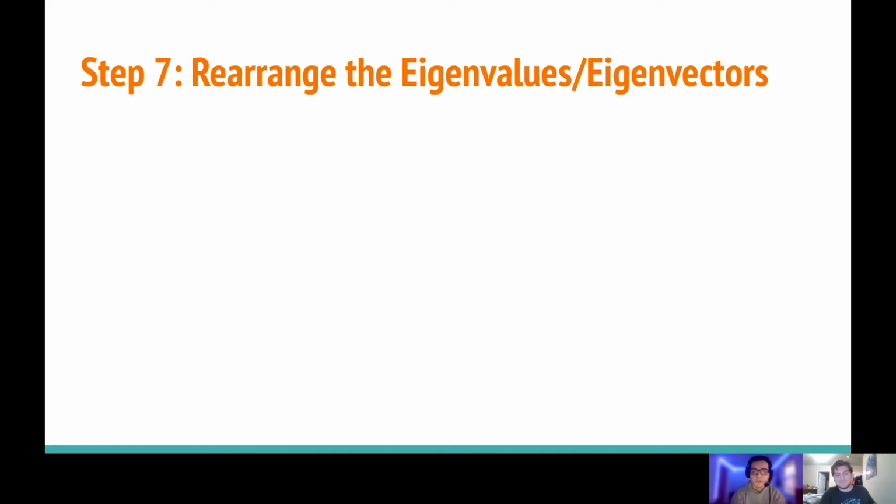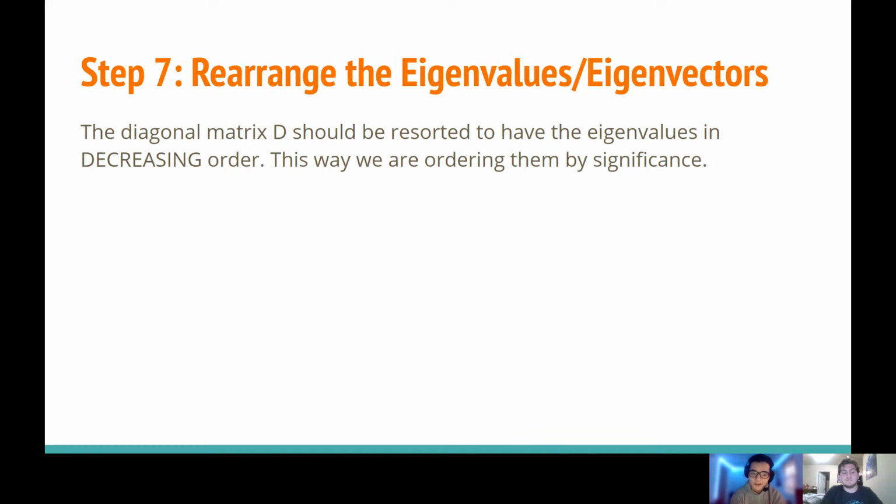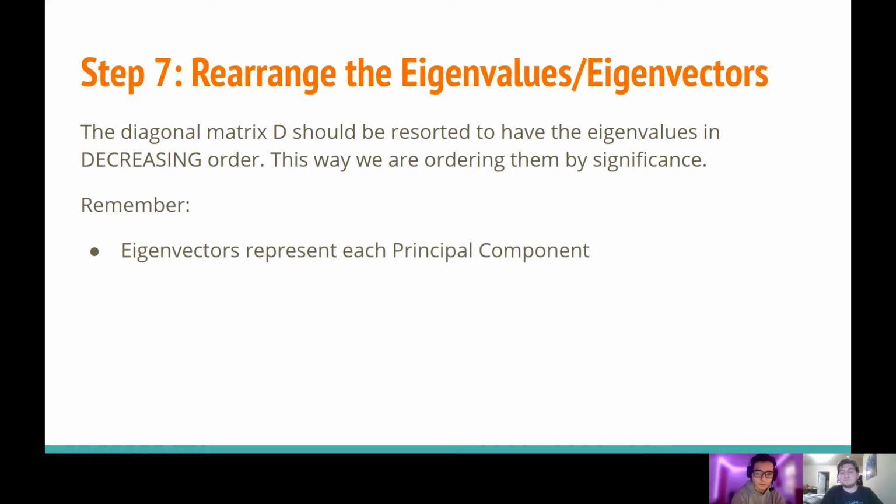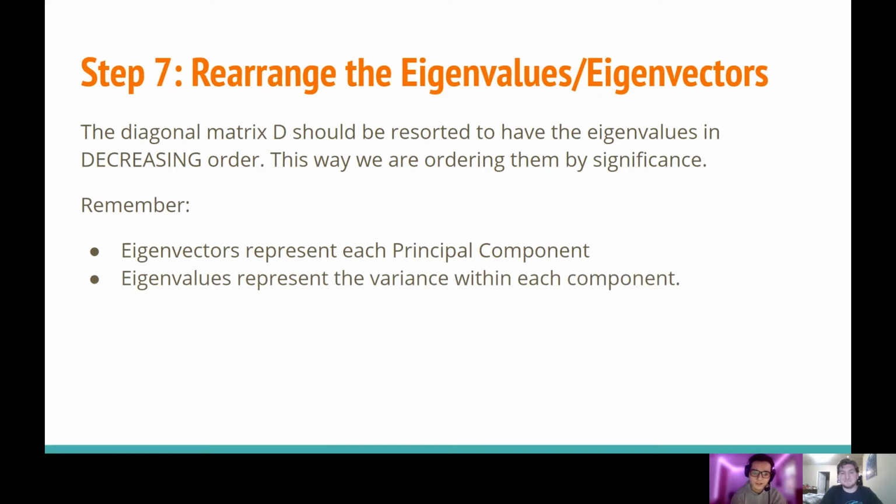Then we reorder the eigenvalues in the diagonal matrix D so that they are in decreasing order. This orders each principal component by significance. Like we said earlier, the eigenvectors represent each principal component and the eigenvalues represent the variance in each component. Don't forget to adjust matrix P accordingly.